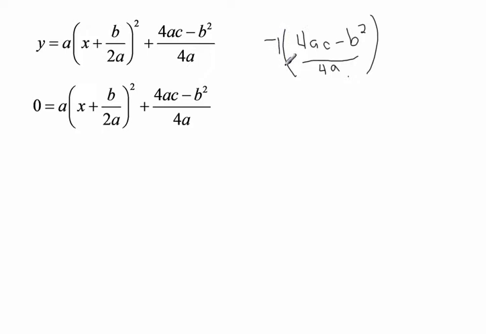Matter of fact, I'm going to use negative 1 over 1, and that's going to become a negative 4ac plus b squared over 4a, and I'm going to add that to both sides. That'll get rid of this term right here, and it'll make this term negative 4ac plus b squared over 4a.